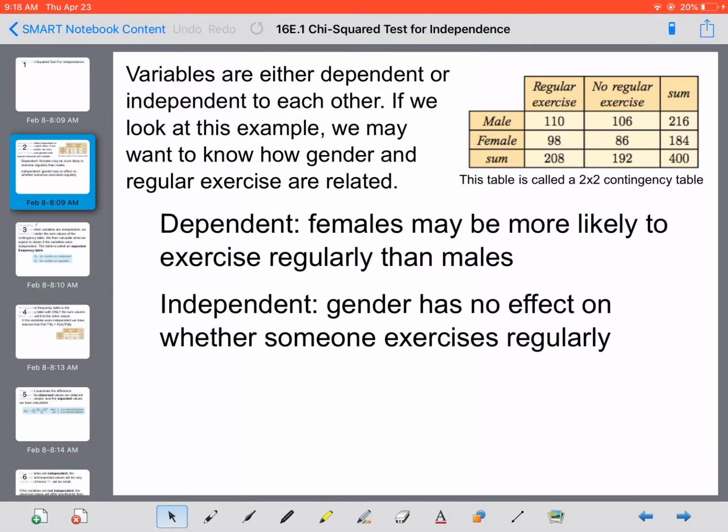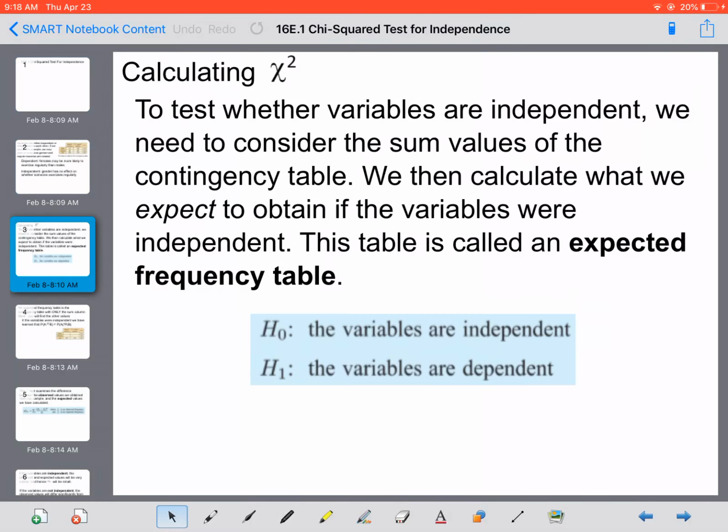So, for chi-squared test of independence, to calculate it, we need to calculate what is expected. And just like in our goodness of fit, we had to use our theoretical probability to do that. Well, same concept here, but now we have multiple variables, and so we have to make what we call an expected frequency table.